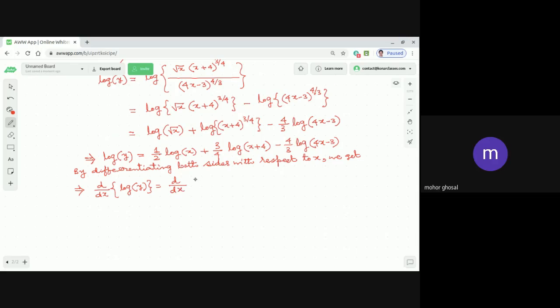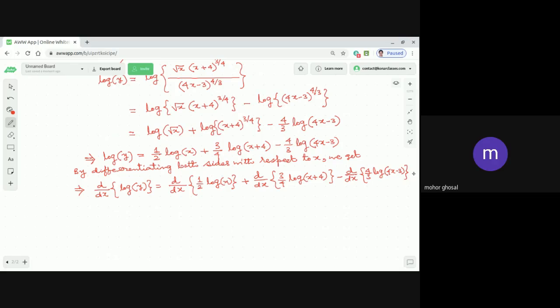d/dx of half of log x, plus d/dx of 3 by 4 into log of x plus 4, minus d/dx of 4 by 3 into log of 4x minus 3, correct or not?